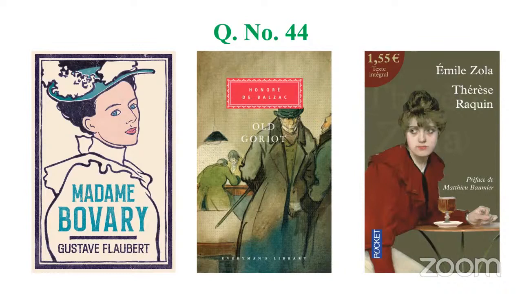And one of the works in that collection is Old Goriot, G-O-R-I-O-T. It's kind of a father figure in that work. Then we have another writer known for his realistic portrayal of the world, associated with realism and naturalism, especially naturalism. So we have Emile Zola, E-M-I-L-E, Zola, Z-O-L-A. And the work given, we have Thérèse Raquin. So Thérèse Raquin was written by Emile Zola.